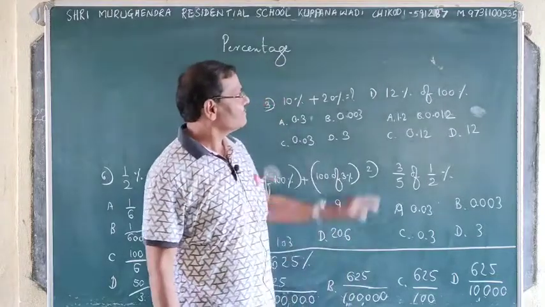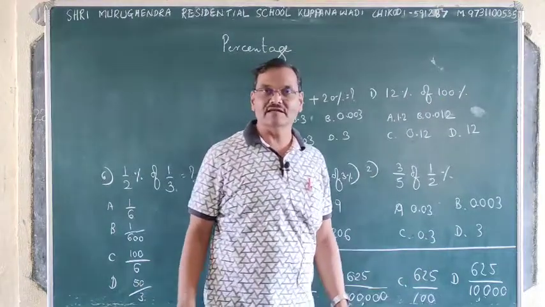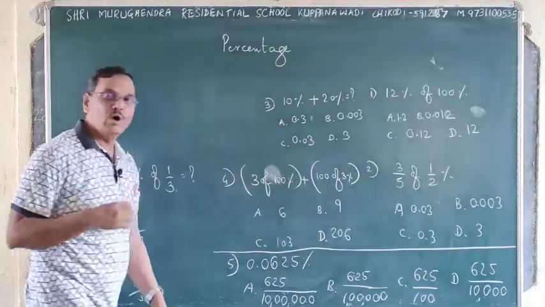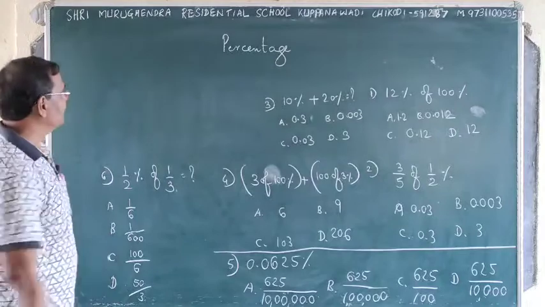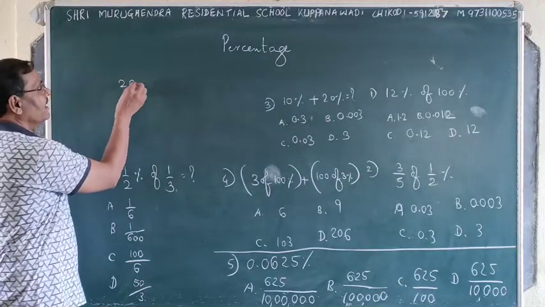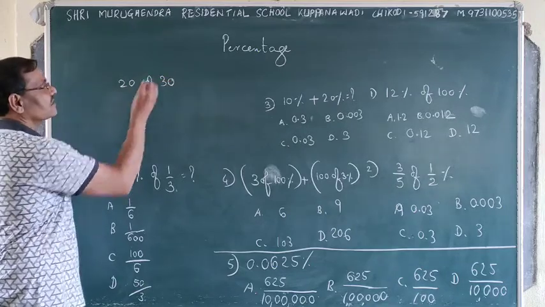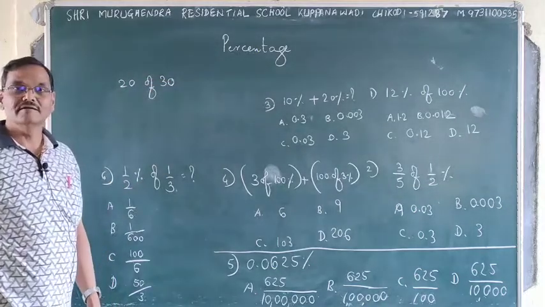See, first one, 12% of 100%. Before that, we have to go over what "of" means. Say, 20 of 30 means what?